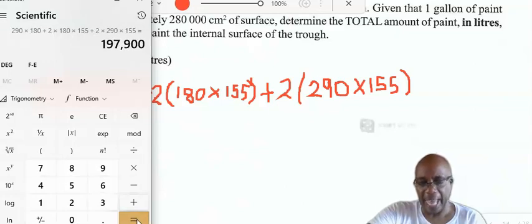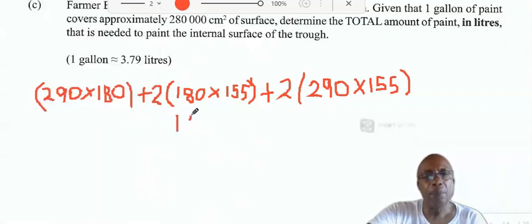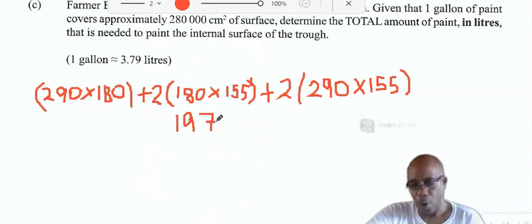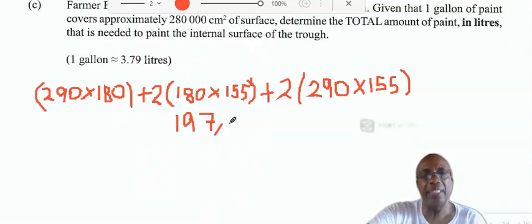And we get the answer as 197,900. That is the final answer for the total internal surface area of the trough: 197,900 square centimeters.